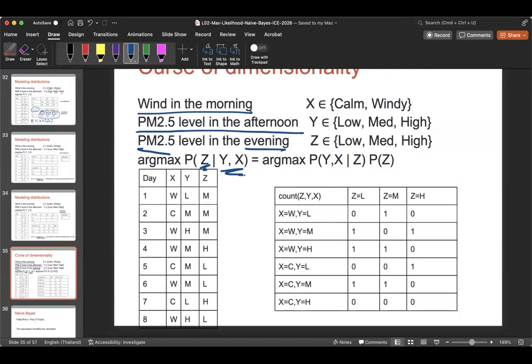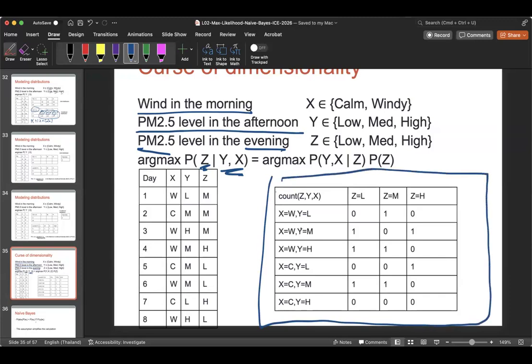If I want to estimate this distribution, my table is a lot larger. Now how many combinations do I have? This is 2, 3, 3, so all the combinations here is 18 combinations.